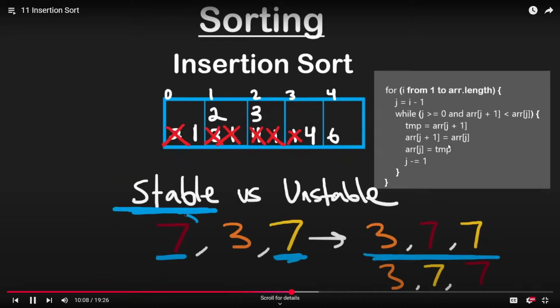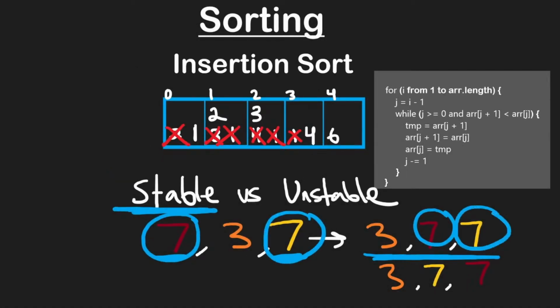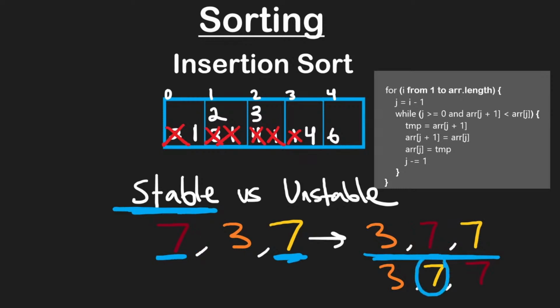So this first 7 could have gone here, and then the second 7 would have gone here. Or they could have been in reverse, right? This 7 could have gone first, and then this 7 would have gone second. Both of those are valid sorting order, but a stable sorting algorithm will preserve the original order when there's a tie. We know that there's two 7s.